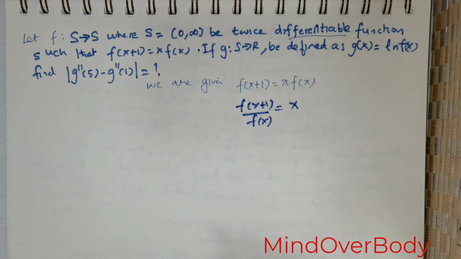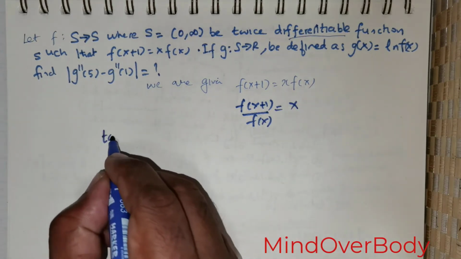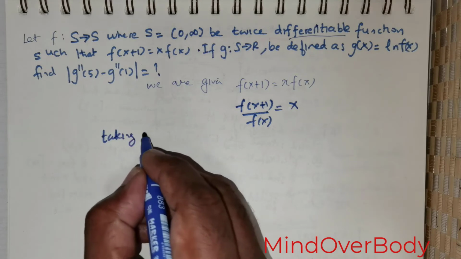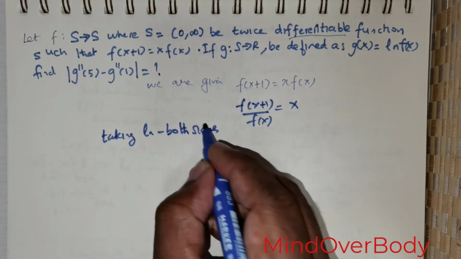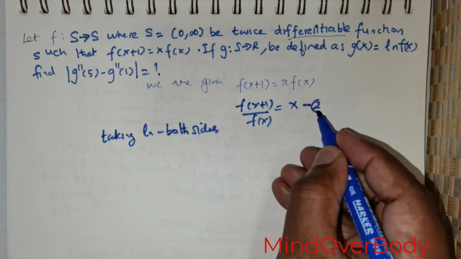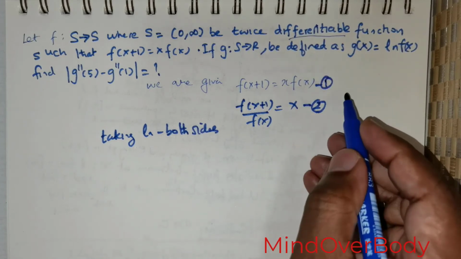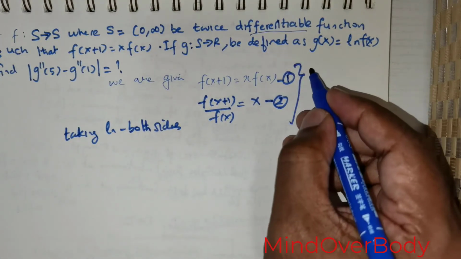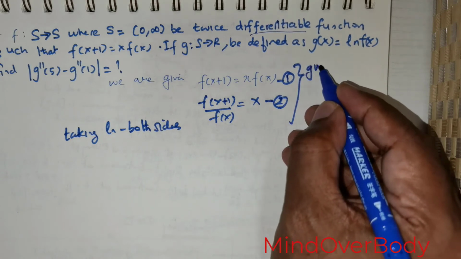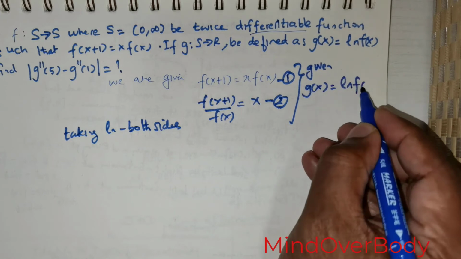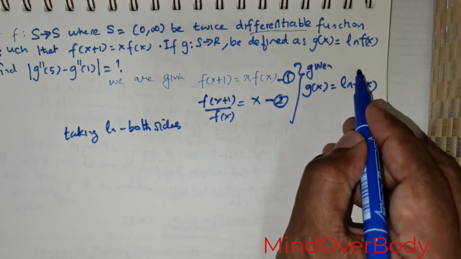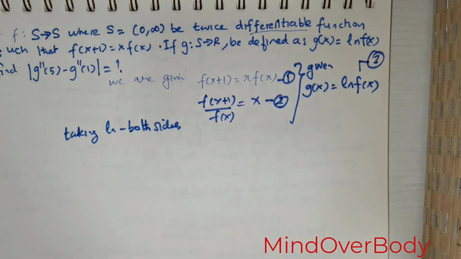This is the way I'm going to write. Now I'm going to be taking ln both sides. If I take this as 2, I'm going to take this as 1. Now we are also given that g of x is equal to ln of f of x. So let me take this as 3.